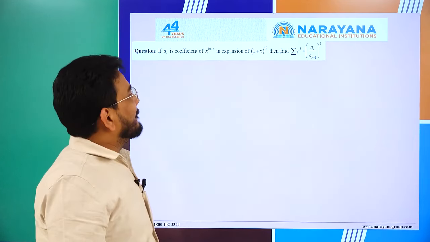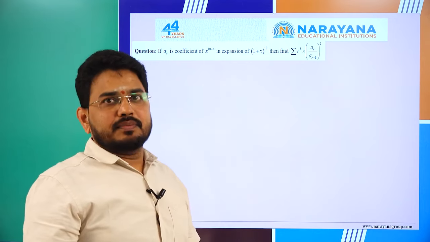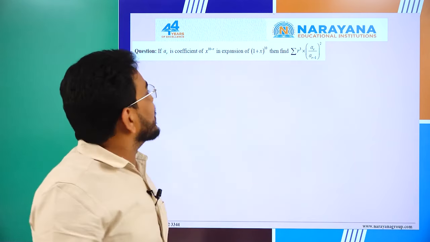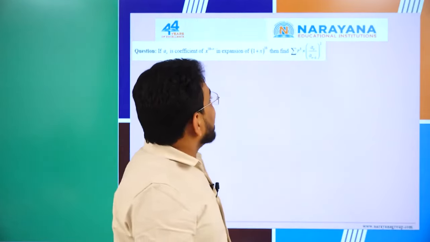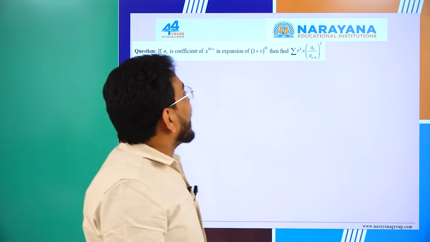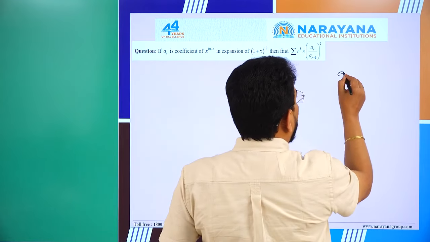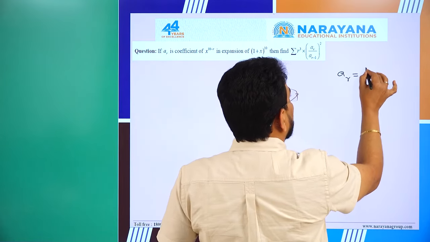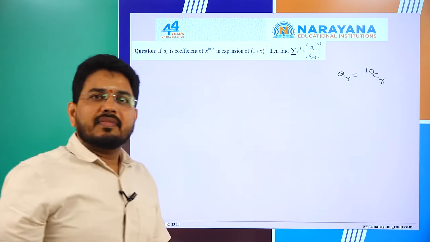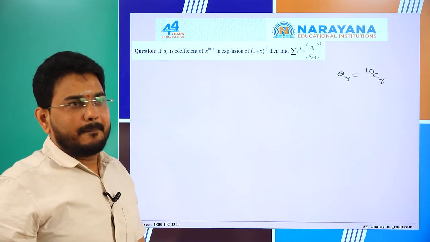Question number 4, yes, it's binomial theorem. They are talking about A_r, the coefficient of x to the power of 10 minus r in the expansion of (1 plus x) power 10. So clearly here A_r is equal to 10 C r.